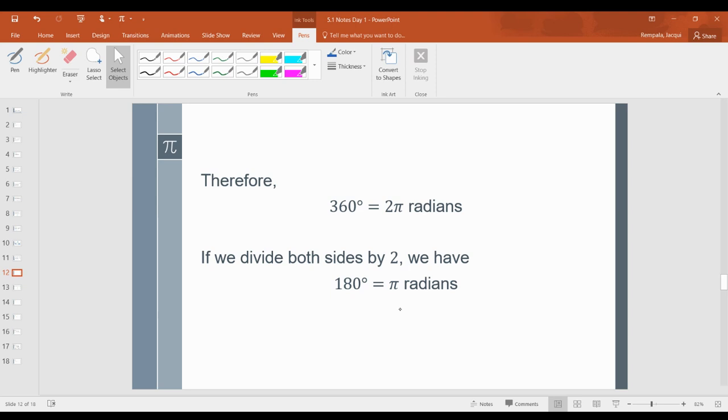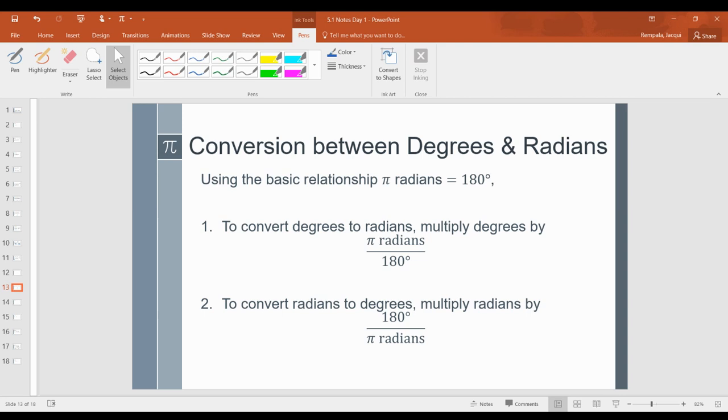We're going to use this information to now do some converting. To convert between degrees and radians, we're using that relationship that pi radians equals 180 degrees. If I start with degrees and I want to turn it into radians, I'm multiplying to get rid of degrees. So I'm going to create a fraction where I need the radians on the top, because that's what I'm trying to find, and degrees on the bottom, because when you multiply by degrees, the degrees will cancel.